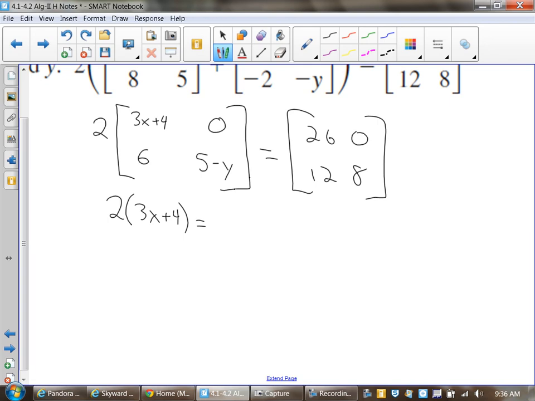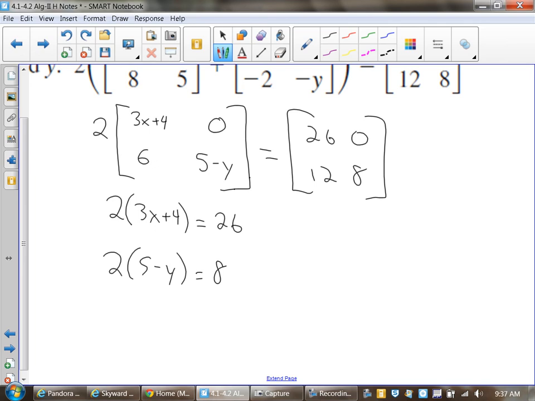What does this entry have to equal? 26. Because 2 times 6 is 12, and then the other one would be 2 times 5 minus y has to equal what? 8. Does everybody see how I did that?